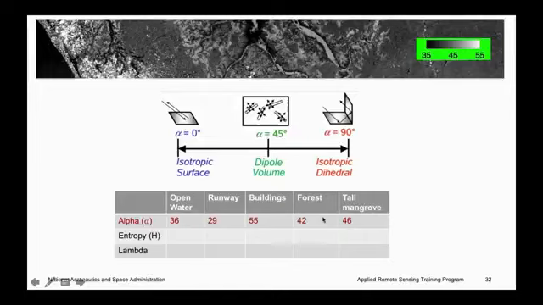And the same is true for tall mangroves, which are here. And lastly, buildings have the largest value of alpha, which is around 55. So these are the very bright areas that you see here, the city of Libreville.